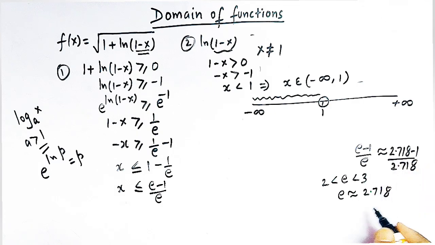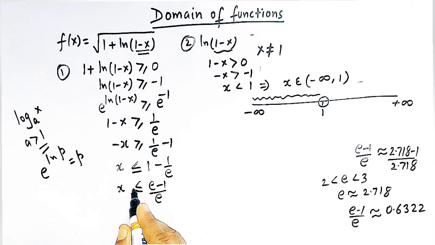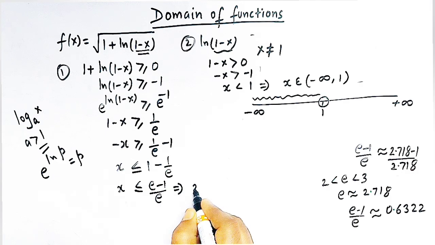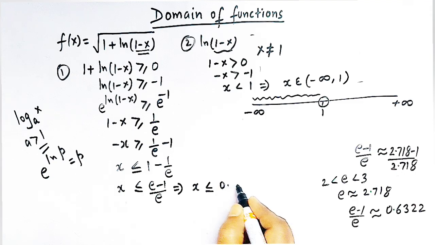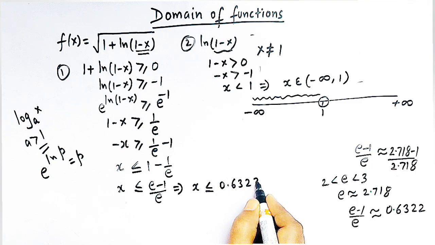So now if we calculate this expression, then e minus 1 over e is approximately equal to 0.6322, right? So here x less than or equal to e minus 1 over e may be written as x less than or equal to 0.6322.